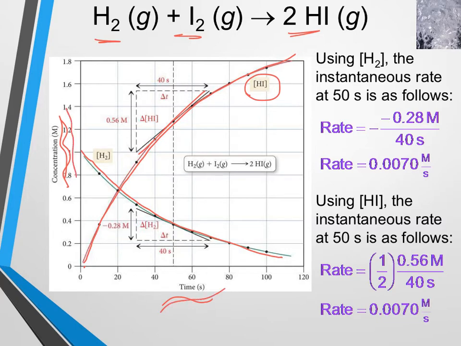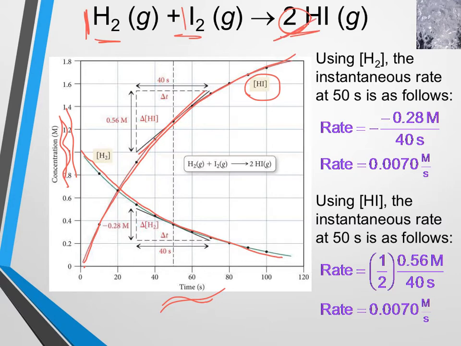So for instance, the stoichiometry of the formation of hydrogen iodide. One hydrogen combines with one iodine molecule to make two hydrogen iodides. So if you think about the disappearance of hydrogen, for every one hydrogen that disappears, you form two hydrogen iodide.